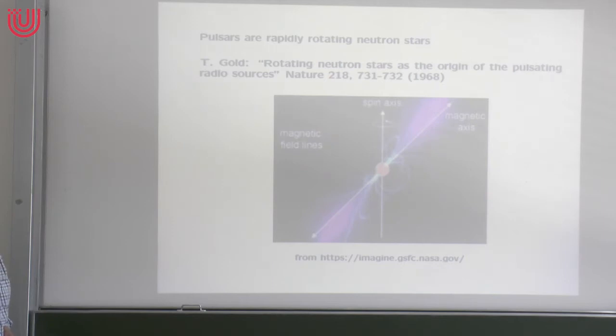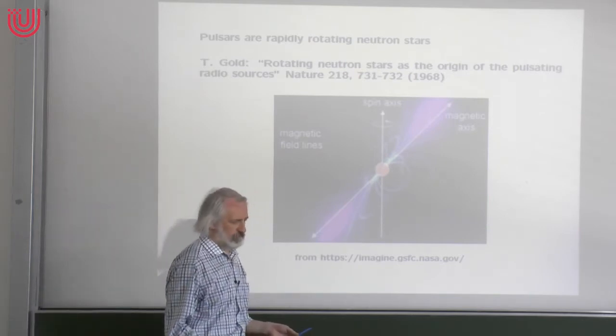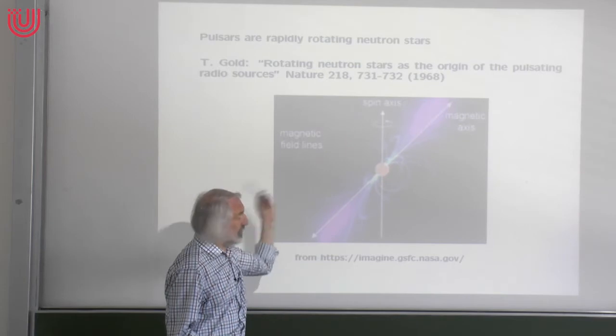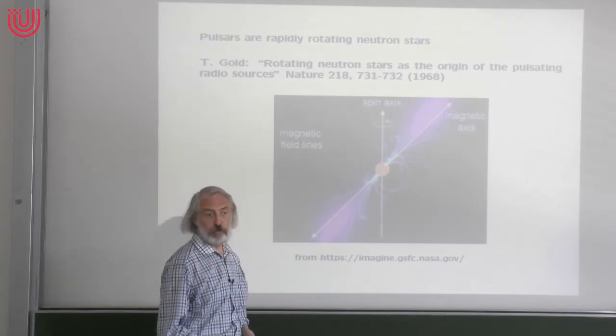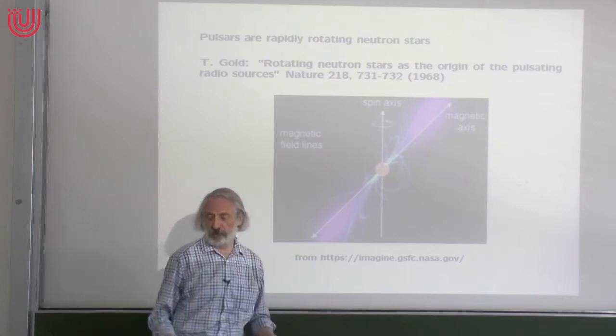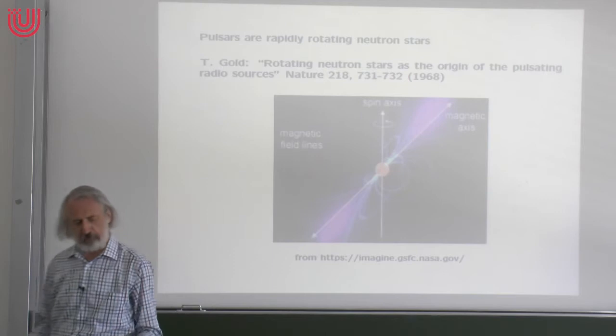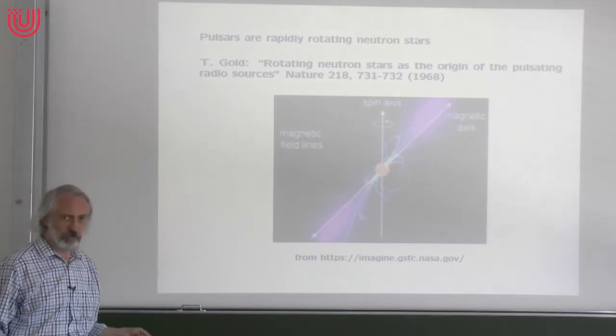This is not obvious, that he managed to do this. There was a big conference soon after the pulsars were discovered, and Gold wanted to present this explanation, and this paper was rejected. He was not allowed to give this talk. The chairman of the workshop told him, Tommy, I'm sorry, but if I allow you to speak, then I have to allow every crackpot to speak.